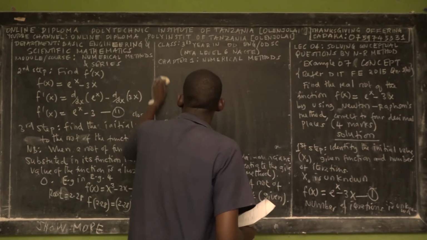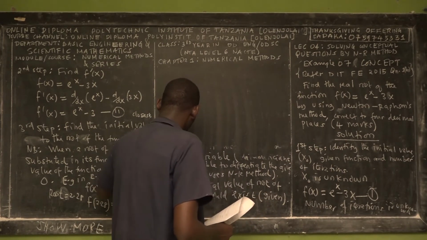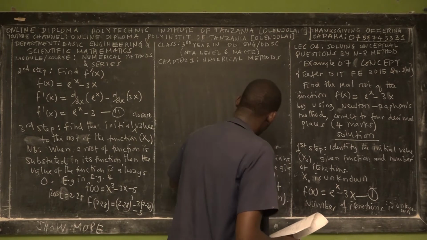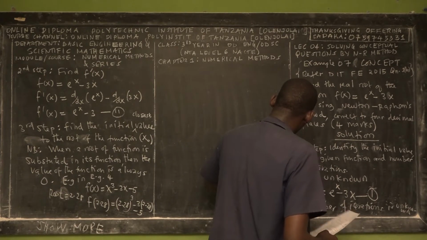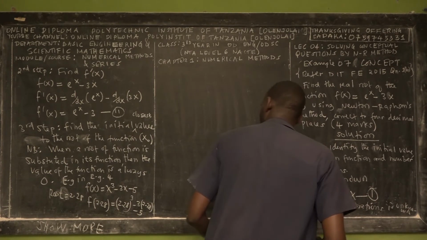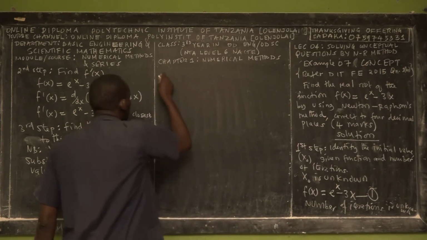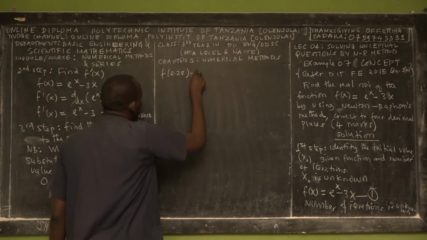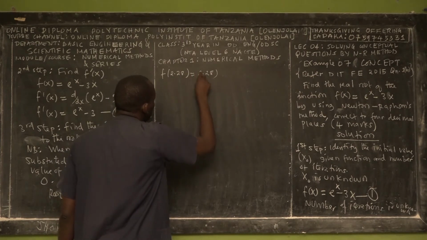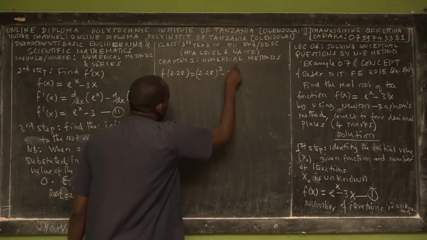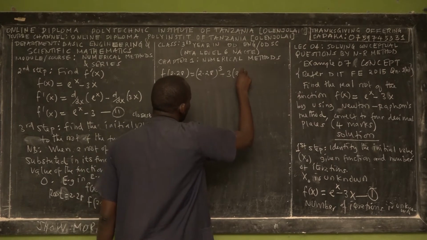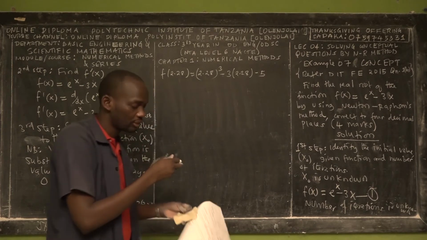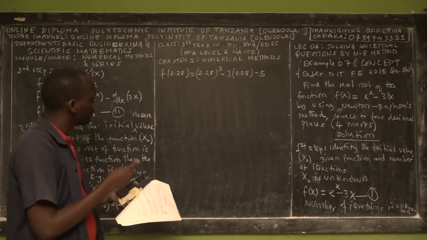If you can manage to find that, you understand that this rule applies for all functions, and then we can have our initial value close to the exact root of the function. So let me write it correctly. f of 2.28 is equal to 2.28 power 3 minus 3 times 2.28 minus 5. So take your scientific calculator and do the numerical computation.